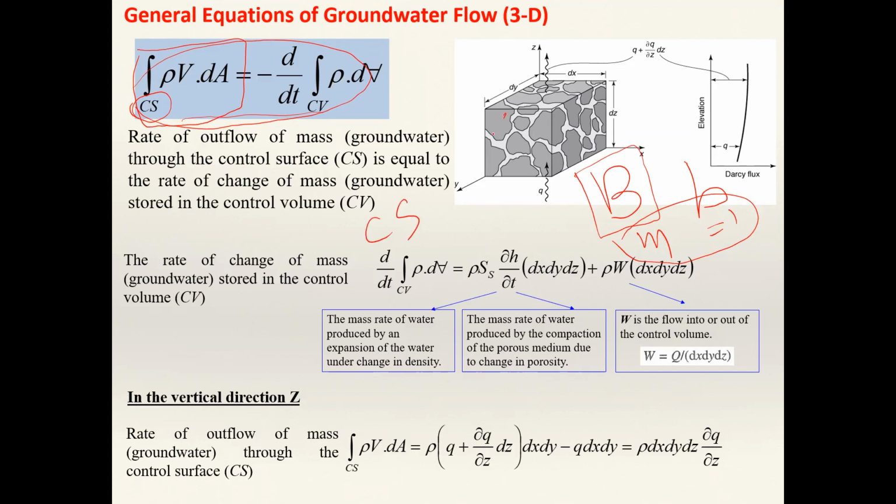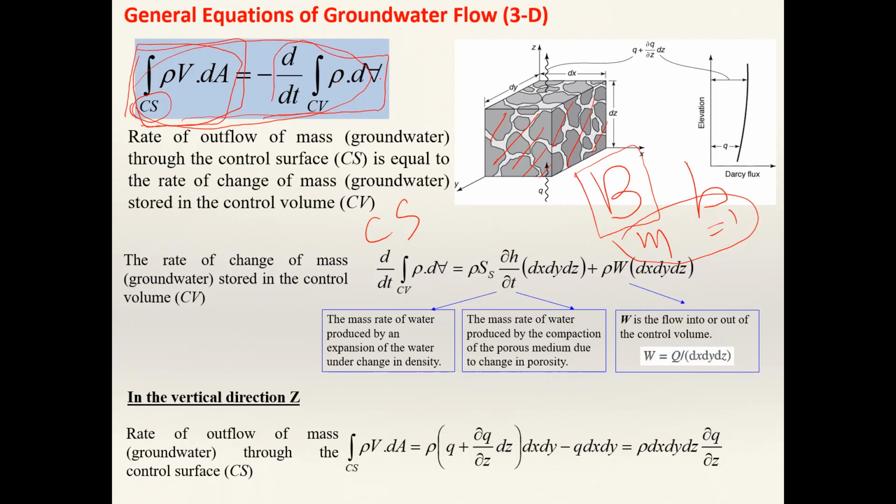If you consider 1 unit volume of the aquifer, these are the control surfaces. How many surfaces do we have? Altogether, there are 6 surfaces. So the mass flow rate through these control surfaces, and the accumulation of that, is given by this expression here.